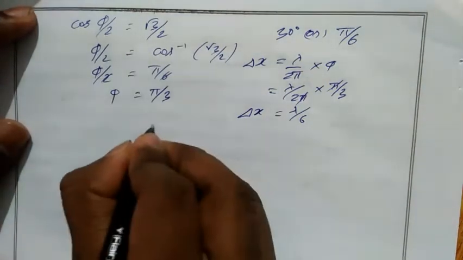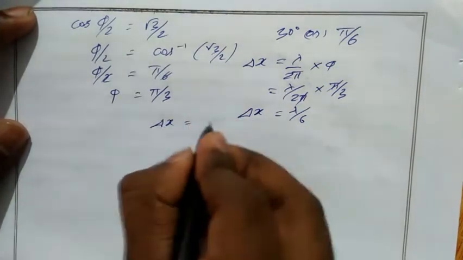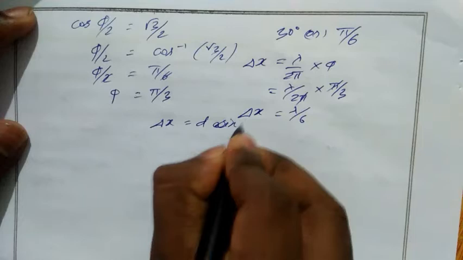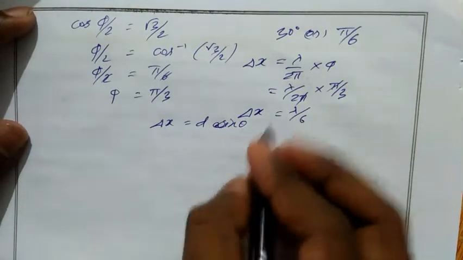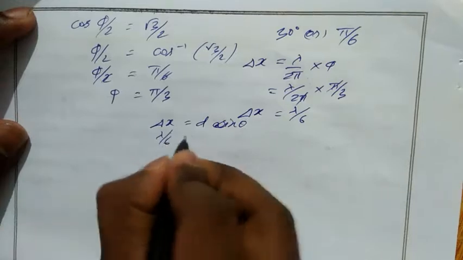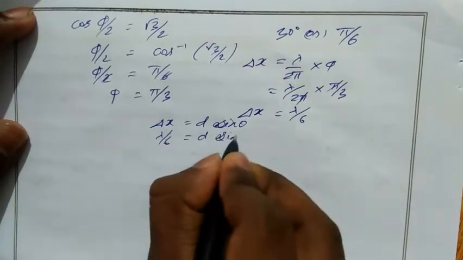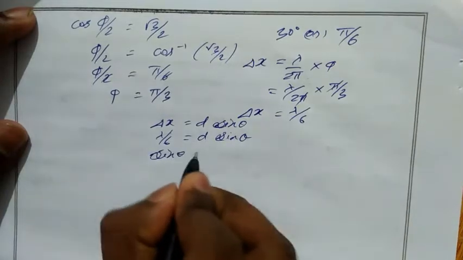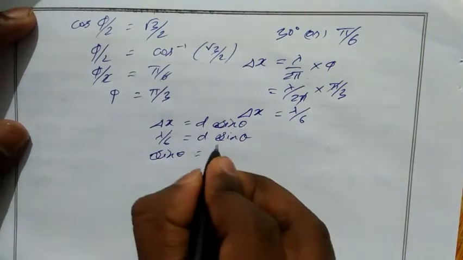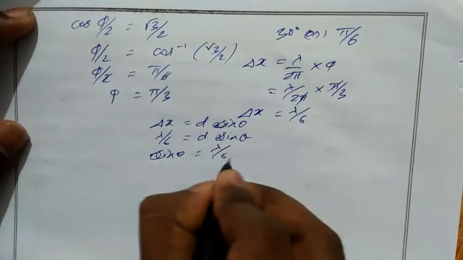We know the formula del x equal to d sin theta. So del x is lambda by 6. Lambda by 6 equal to d sin theta. Sin theta equal to, this d goes to the left hand side, it will become lambda by 6d.